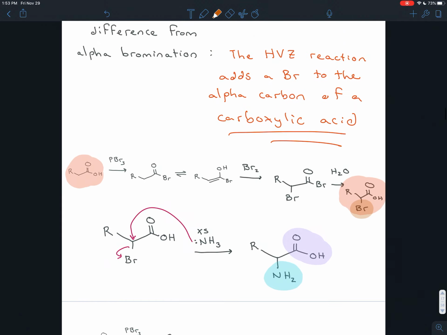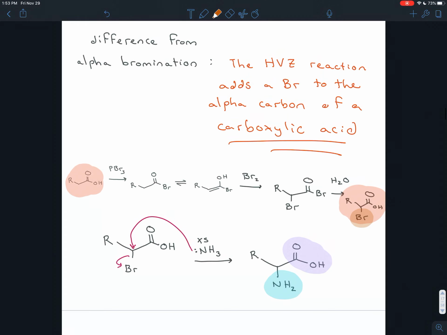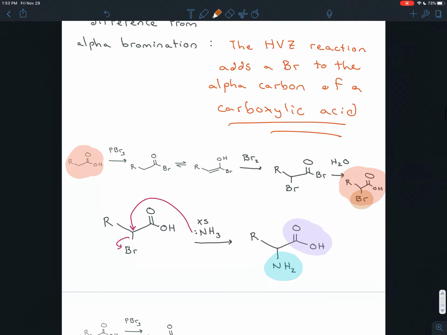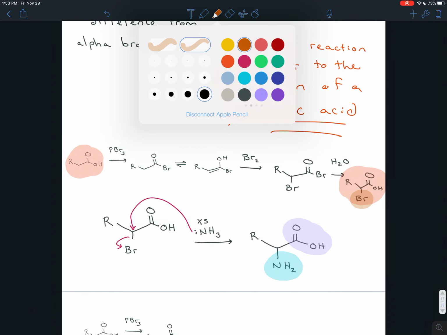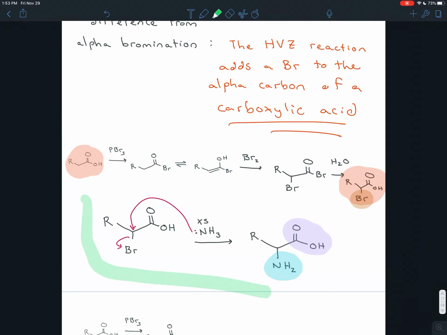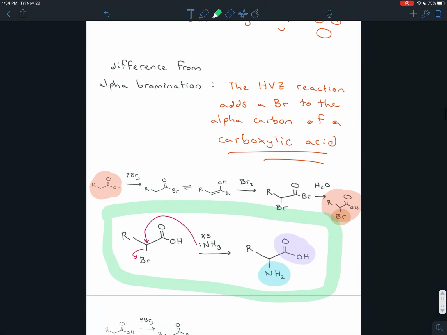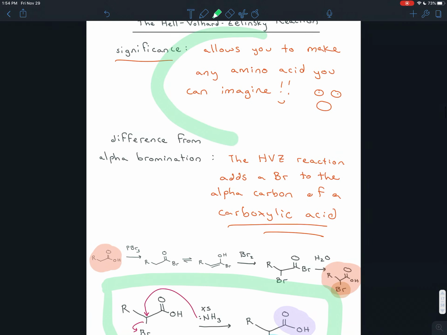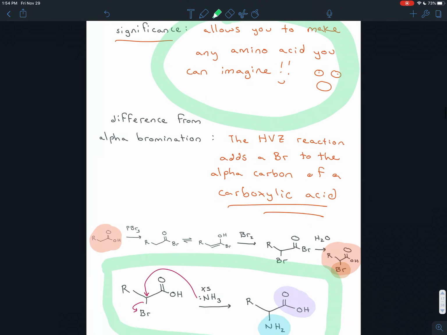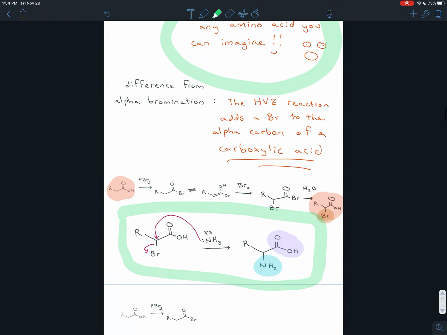So the Hell-Volhard-Zelinsky reaction puts a bromine on the alpha carbon, and it's really profoundly significant because once you have that, you can do an SN2 reaction with ammonia and create an amino acid, which is really amazing. So I wanted you to see that mechanism.